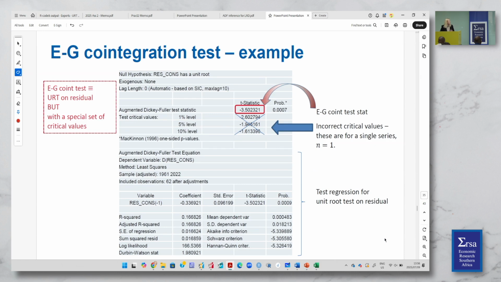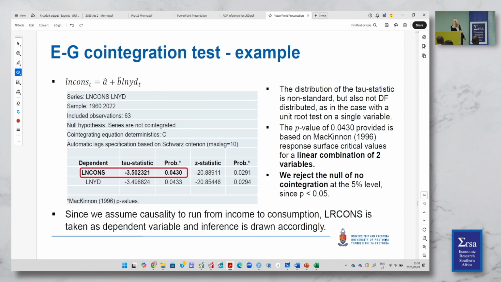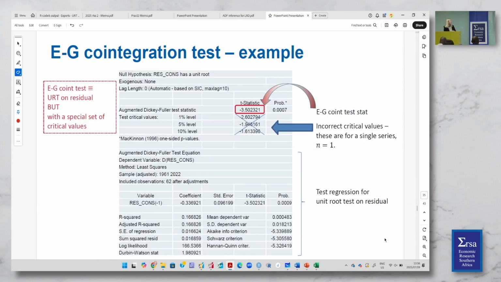How is this different? For example, if I do it manually, if I regress consumption on income, save the residual and perform a unit root test, look at that p-value. How is it different from this p-value? This is the correct p-value for n equals 2. If you just treat that as a normal variable, you will work with the critical values that we worked out from that table for n equals 1, and they are wrong.